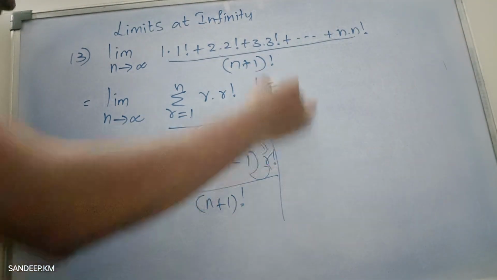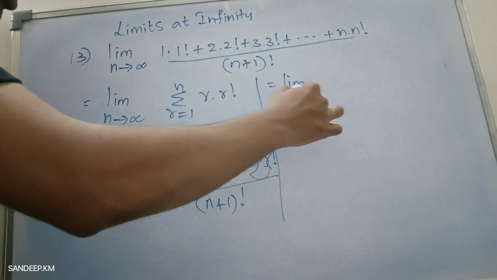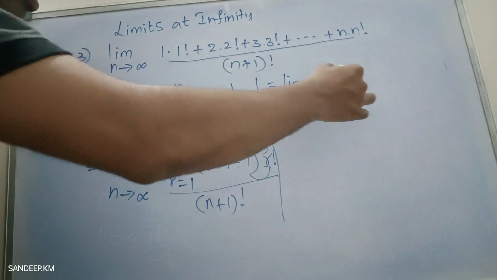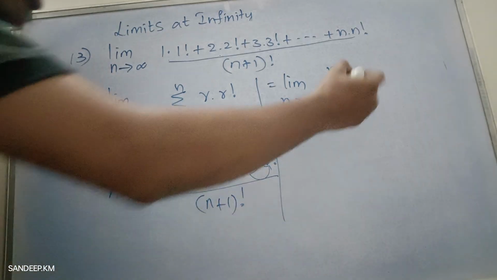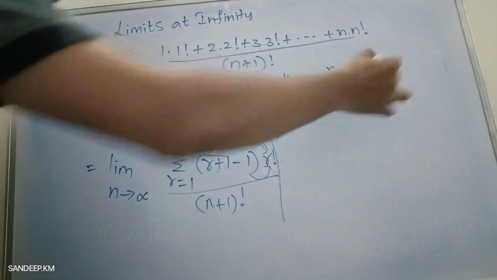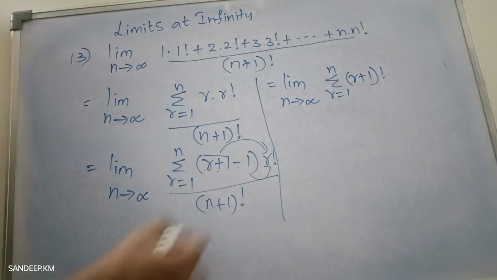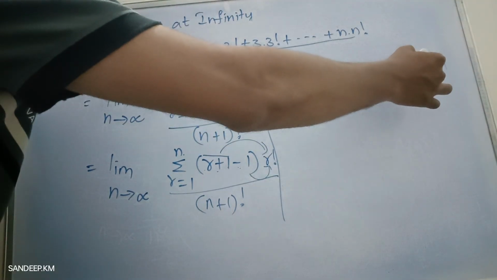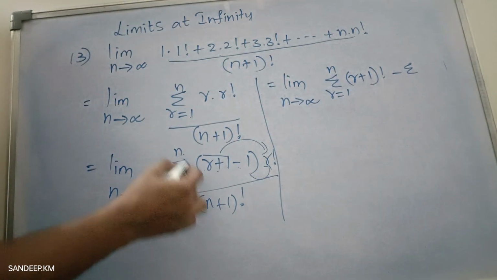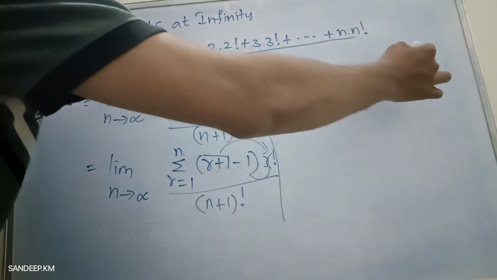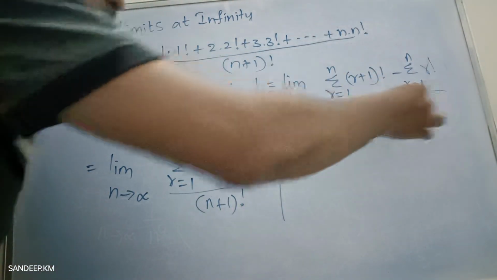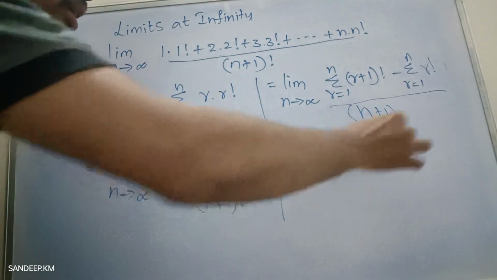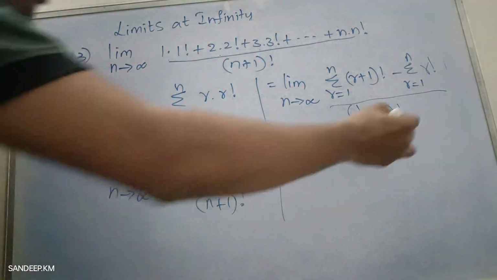So limit n approaches infinity, sigma r equals 1 to n, (r plus 1) into r factorial is (r plus 1) factorial, according to the definition of factorials, minus sigma r equals 1 to n of 1 into r factorial, which is r factorial, whole divided by (n plus 1) factorial.